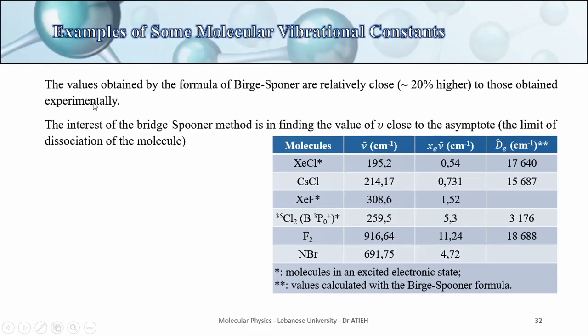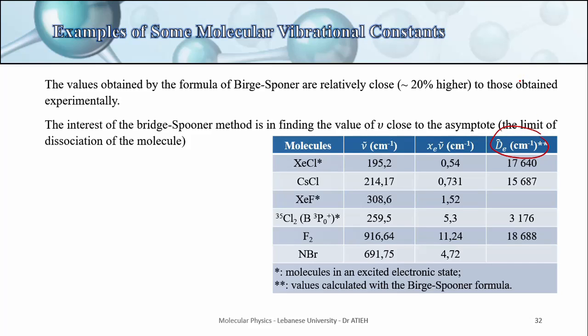Now, as I have said, the values obtained by the formula of Birge-Sponer are relatively close, a little bit higher than those obtained experimentally. So these are the values obtained with the Birge-Sponer formula. This is the vibrational wave number of these molecules, and this is the anharmonicity constant for different molecules.